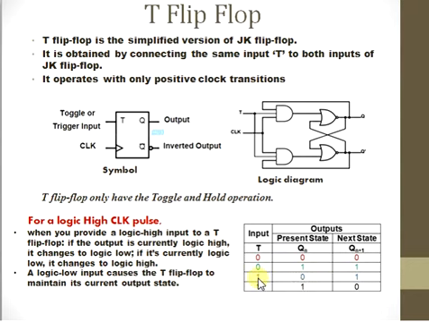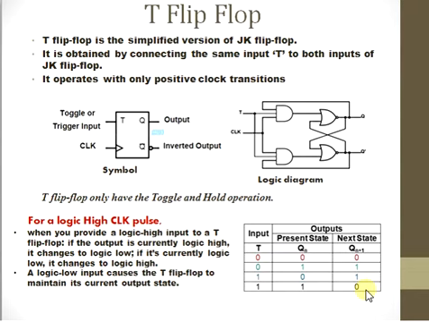But if you are giving T is equal to 1, when the input is logic high, there will be a toggling. So if the present state is 0, it will change to 1, and if it is 1, it will change to 0. So toggling happens when T is equal to 1, and the hold condition occurs when T is equal to 0.